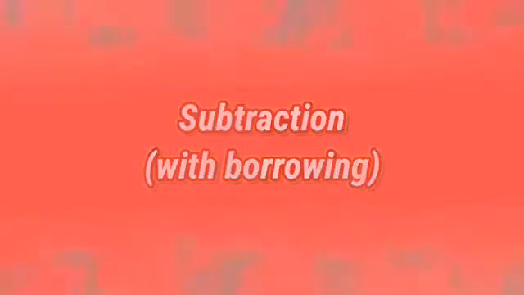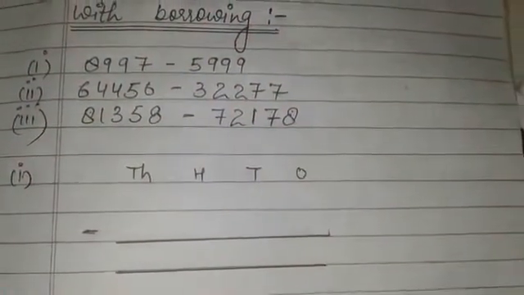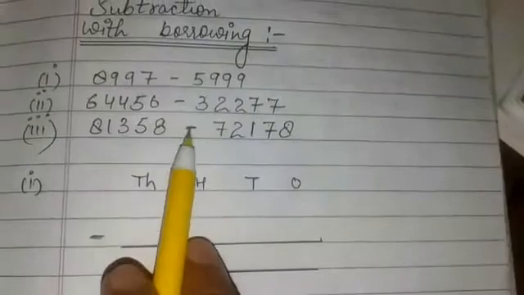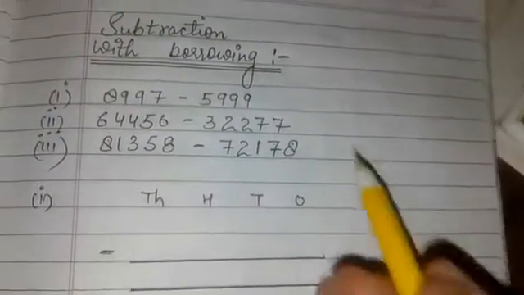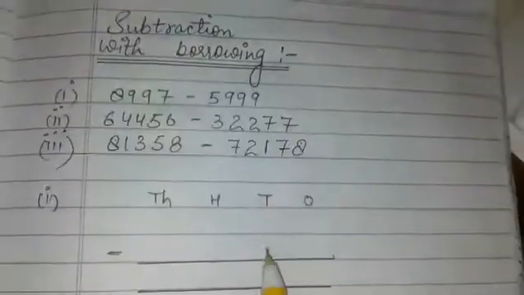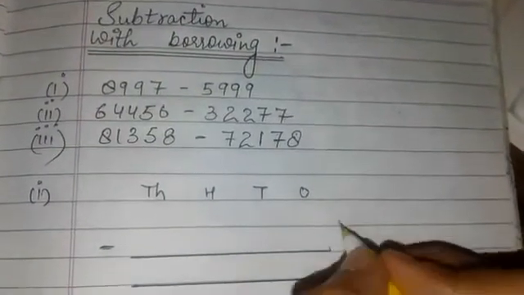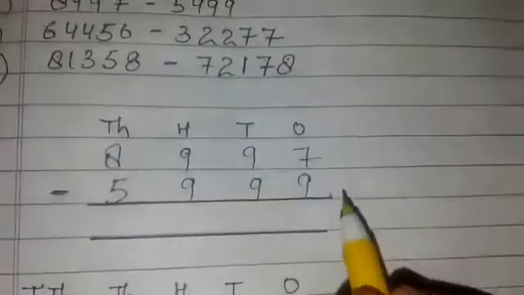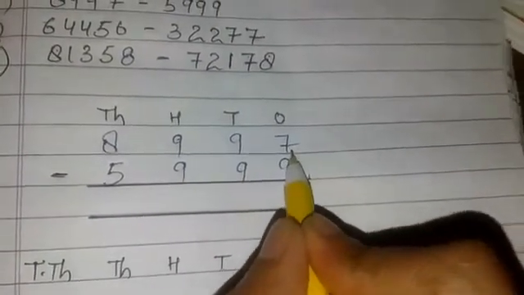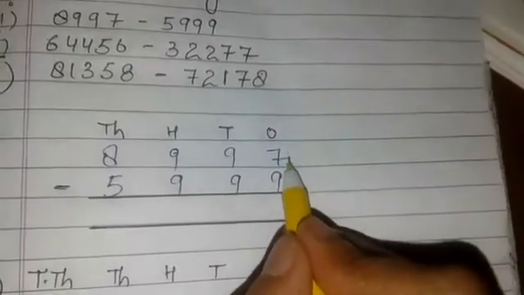Subtraction with borrowing. Always remember to write the greater number on the top and the smaller in the middle. First subtract the ones place digit, that's 7.